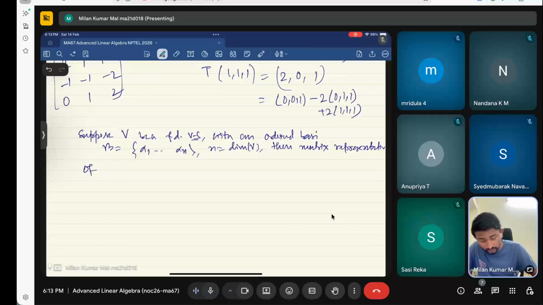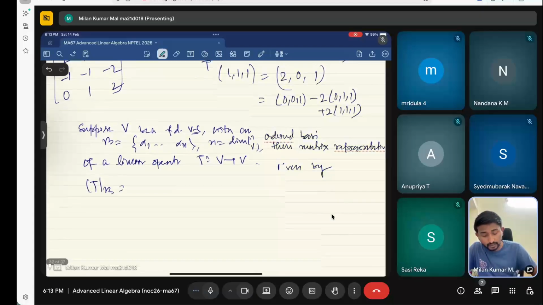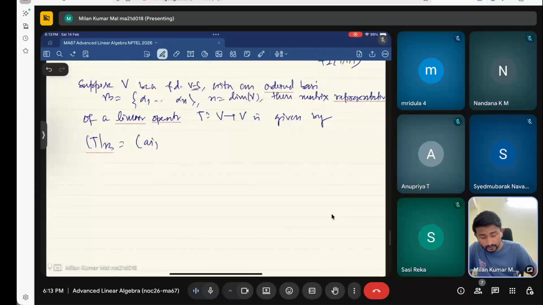representation of a linear operator T from V to V is given by this matrix Aij, where i, j go from 1 to n.